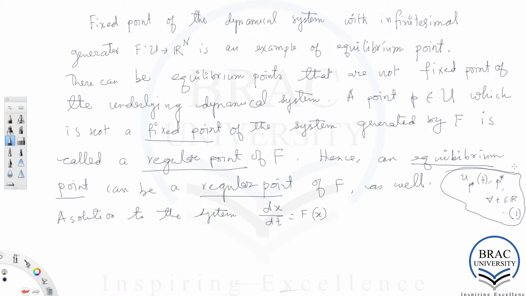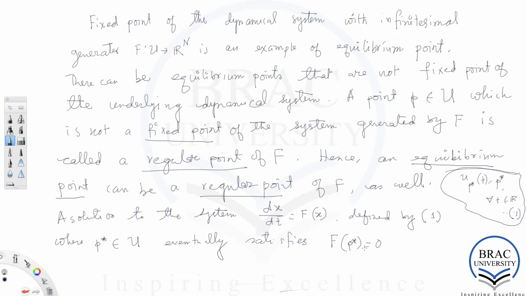So a solution to this system defined by this equation, where P star is an element, a point or a vector in this open set U, eventually satisfies, we have seen, f of P star is equal to 0, right?